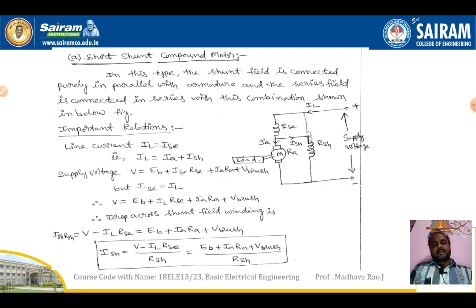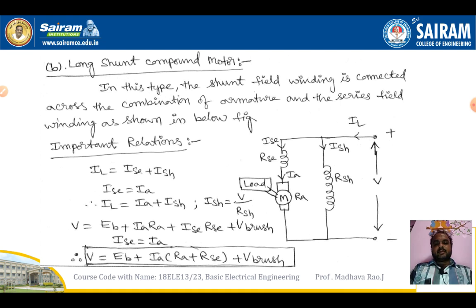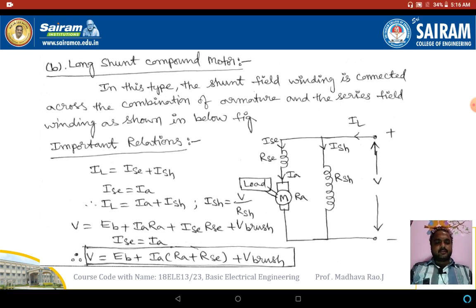Next we will see the long shunt DC motor. In this type of motor, the shunt field winding is connected across the combination of armature and series field winding, as shown in the figure below.